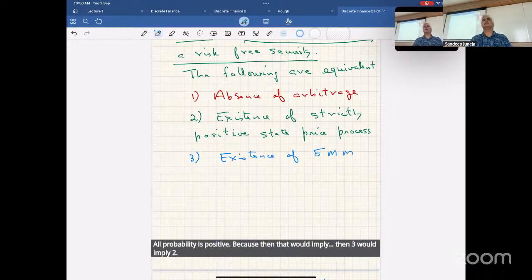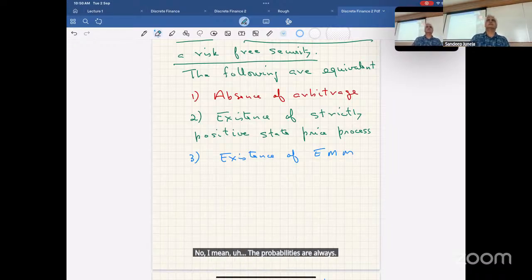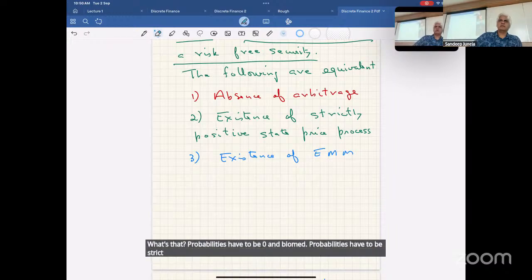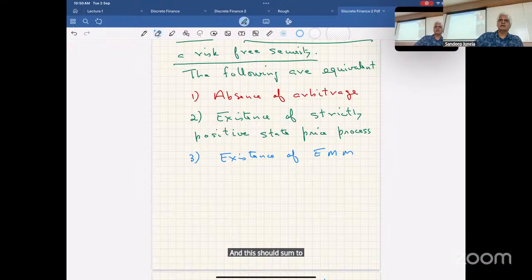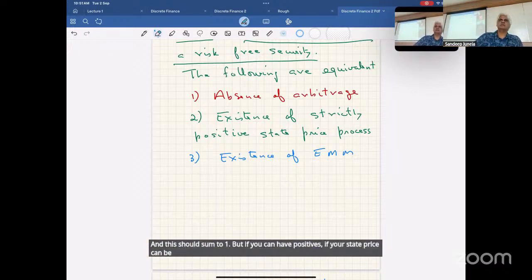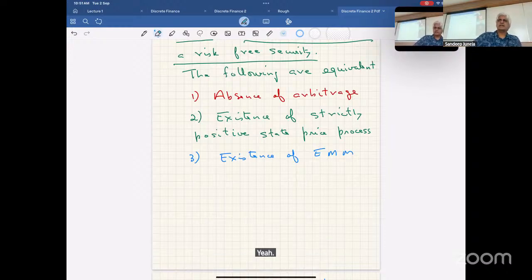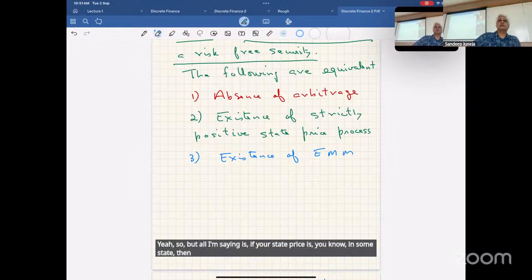Probabilities have to be non-negative, lie between 0 and 1, and they should sum to 1. But all I'm saying is if your state price is 0 in some state, then the corresponding probability can also be 0 in that state.